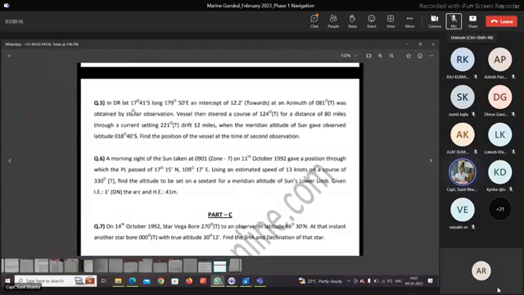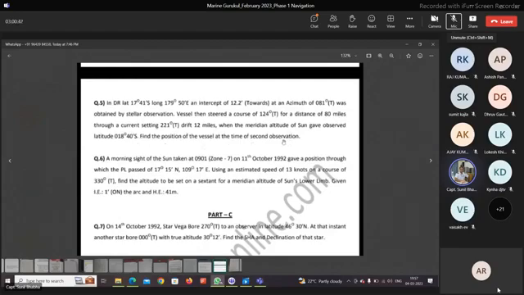Is this one beta? DR lat 1741 south? Yes sir. Okay, DR lat so and so longitude, so intercept of 12.2 towards at an azimuth of 081 was obtained. Vessel then steered a course of 124 for a distance of 80 miles. Current setting this. Meridian altitude of sun gave observed latitude this much. Find the position of the vessel at the time of second observation.